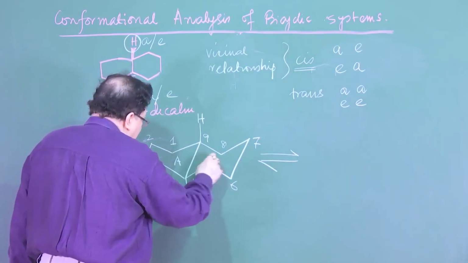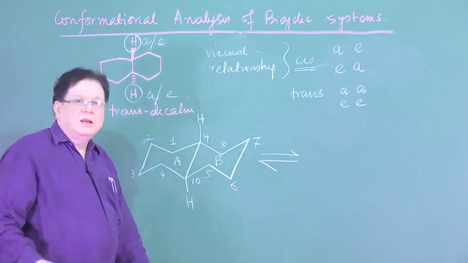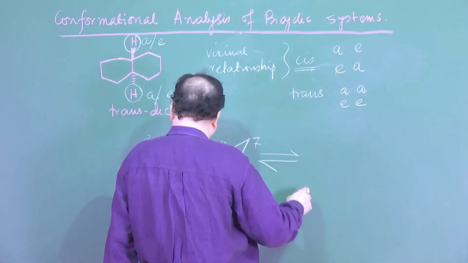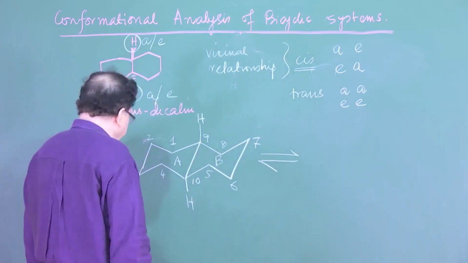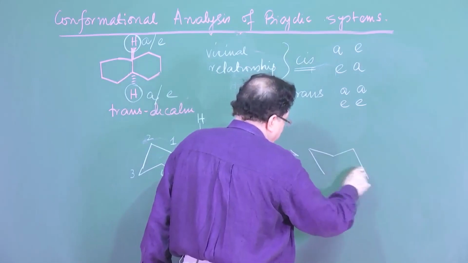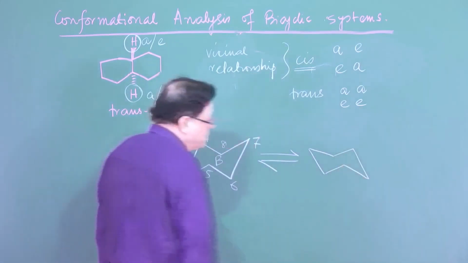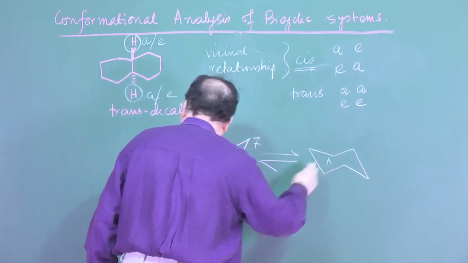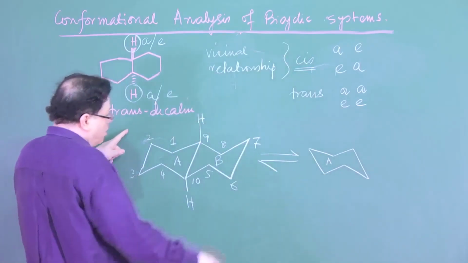Suppose this is the A ring and this is the B ring. Okay. Let us flip the A ring first, and if you flip the A ring first, you know that the chair will look like this, a mirror image chair. After flipping, this is the A ring. Now, where are these carbons? The 3 carbon has gone up.